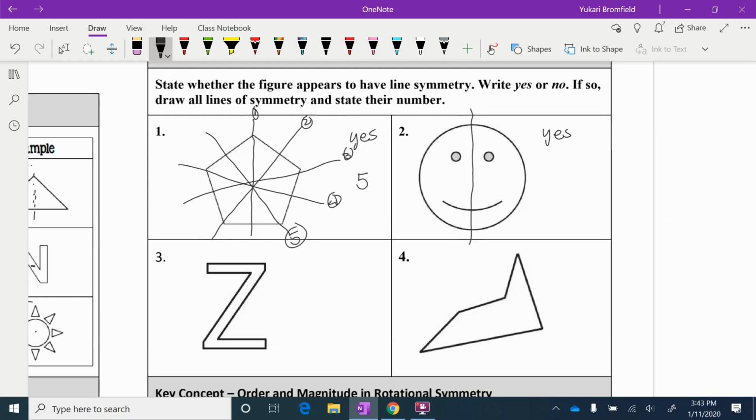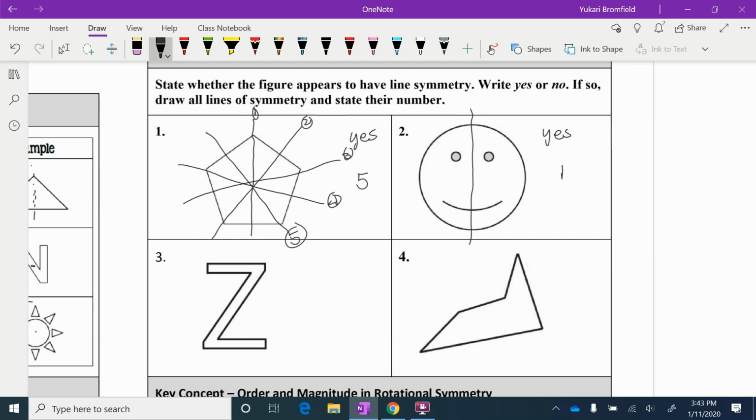The answer is no, because if it was just a plain circle, then it would have infinitely many. But because we have the eyes and the mouth, the only place where it's going to overlap completely is going to be through that vertical. And so we just have that one line.